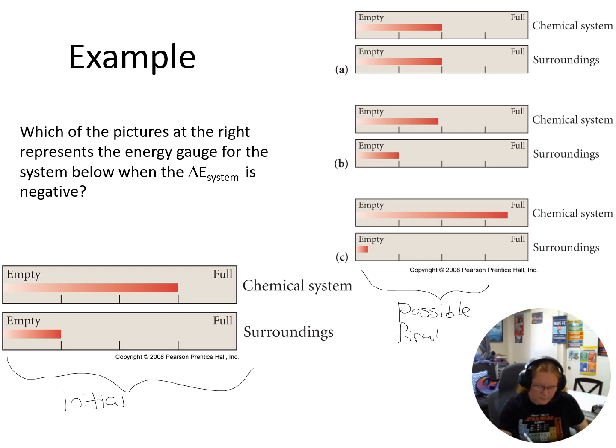So looking at the initial conditions and the possible final conditions, can you figure out which one of the three possible final conditions is the correct one? All right, so we're saying that the delta E of the system is negative. All right, so that means that our system needs to lose energy and our surroundings need to gain energy.